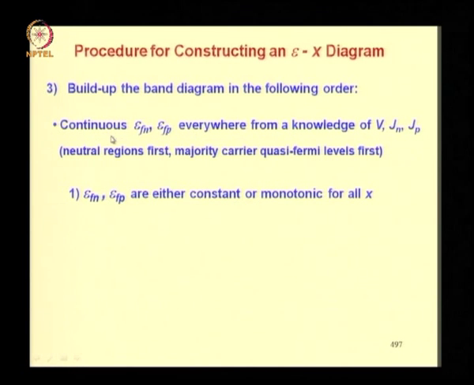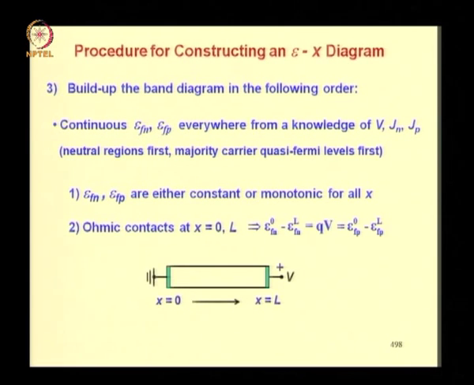The reason why EFN and EFP are continuous is because any abrupt change in EFN or EFP would mean infinite currents, which are not possible physically. Second important reason for using EFN and EFP is that the variation of EFN and EFP are directly related to the applied voltage when the device contacts are ohmic.